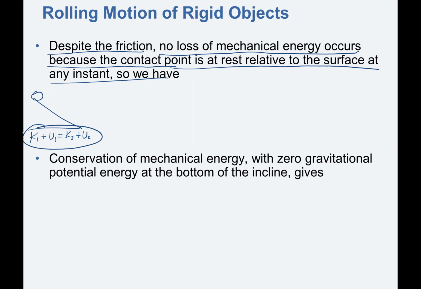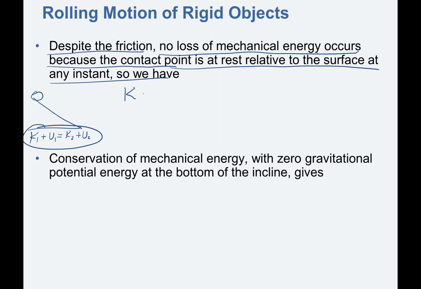You can still use kinetic energy and potential energy, and there is no loss of energy between point 1 and point 2. The only difference here is that you have not only translational but also rotational kinetic energy.